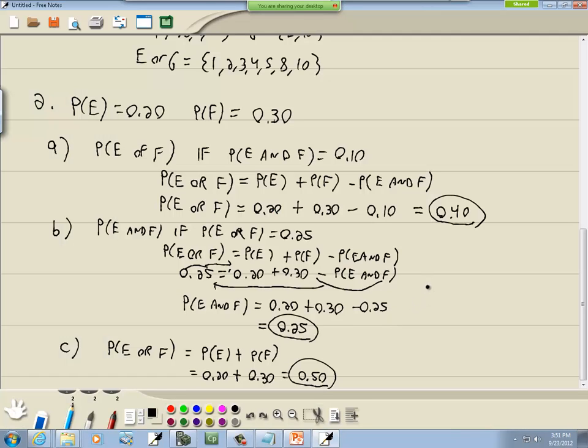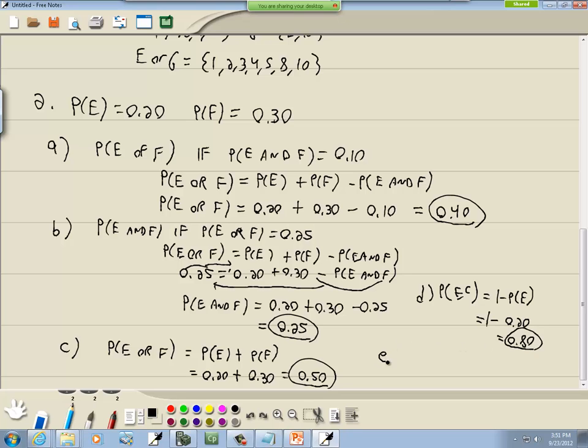Now, D, probability of complement of E, that's equal to 1 minus probability of E, which probability of E is equal to 0.20, which gives us 0.80.